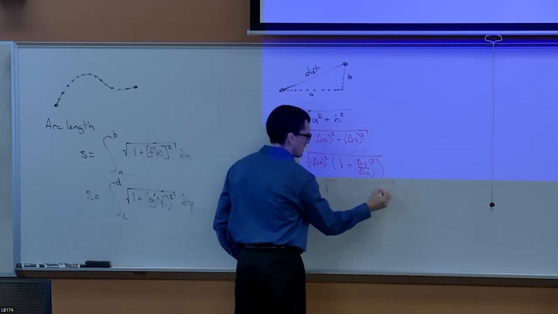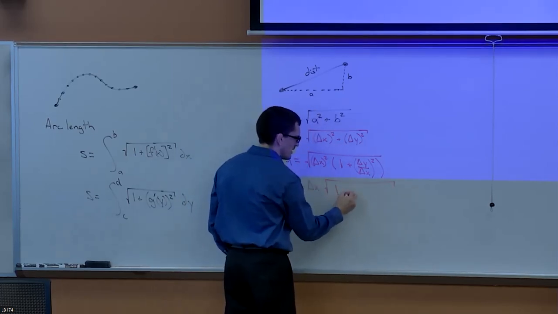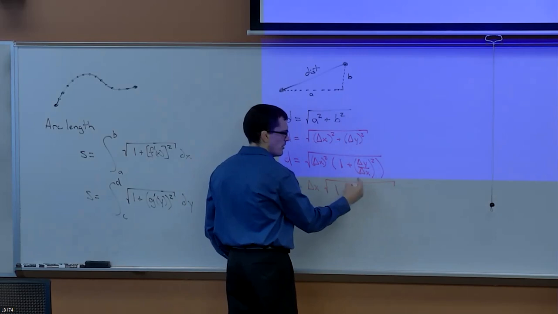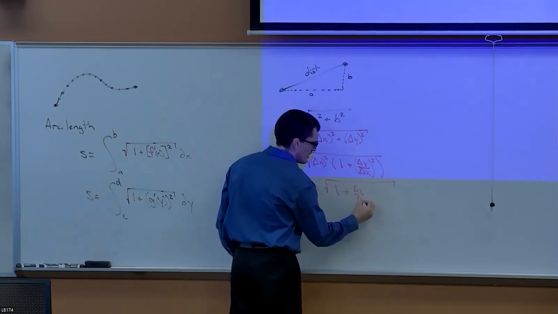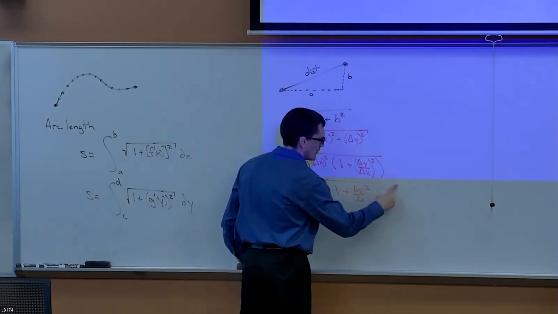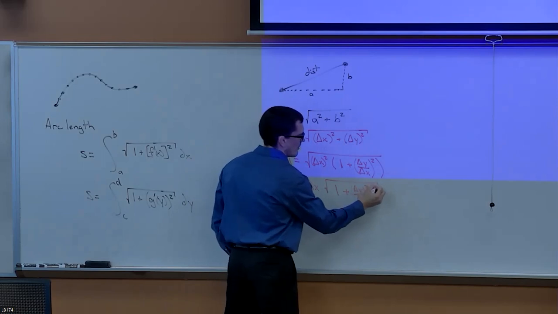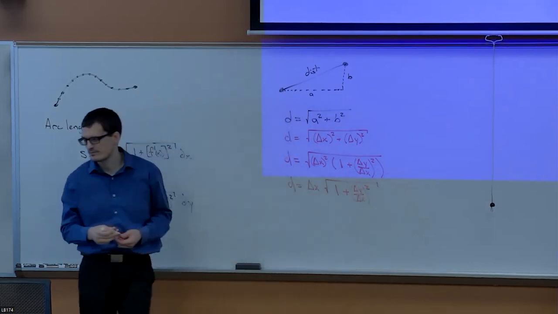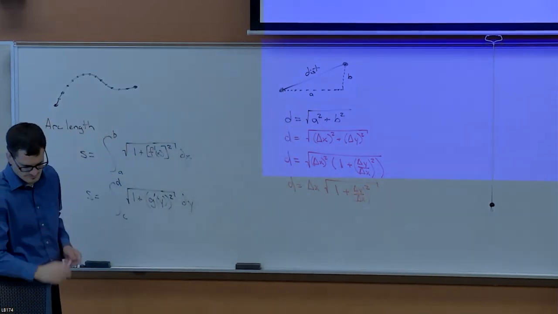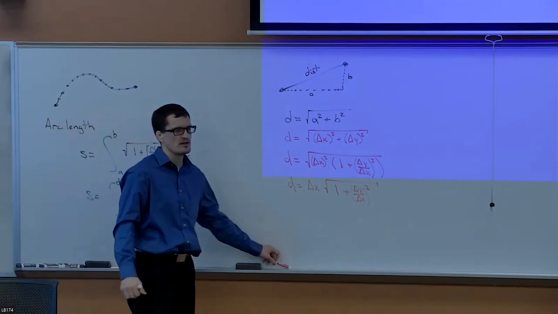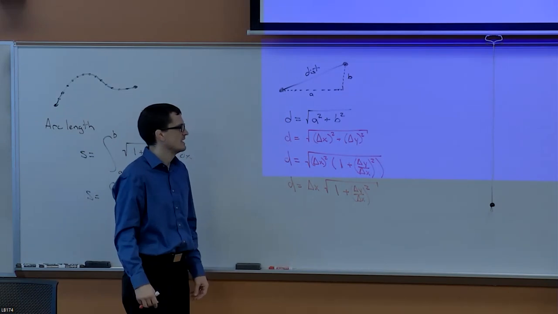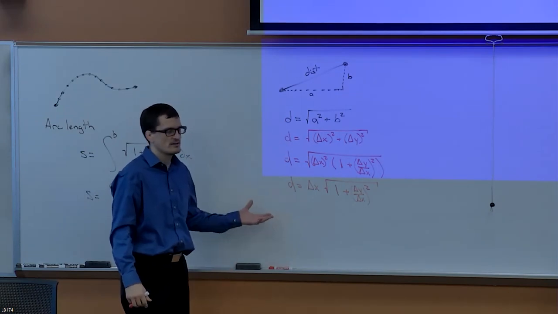And what's left underneath my square root is this part, 1 plus delta y over delta x squared. So that's the distance formula, written in a different way.